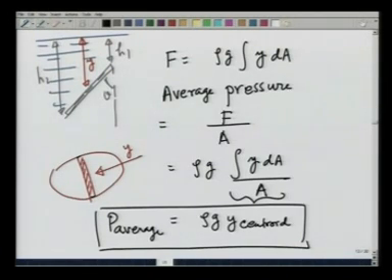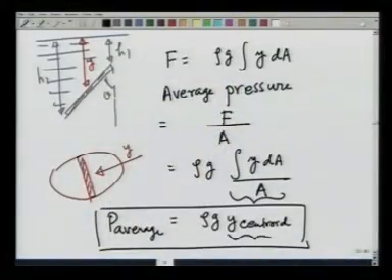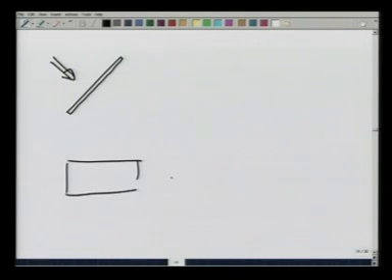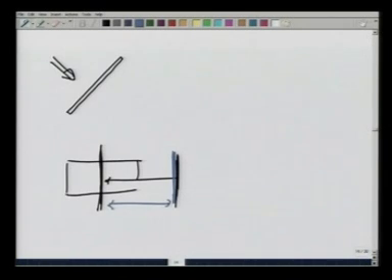So the average pressure that a sheet submerged in water feels is going to be rho g times the depth of its centroid. For example, if the sheet is rectangular, so that if I look at it from this side it looks like this, and I am measuring depth from this side, then the centroid is going to be along this line, and from the top of the water surface, let me show that by blue, this is the top of the water surface, this depth is going to be right in the middle.